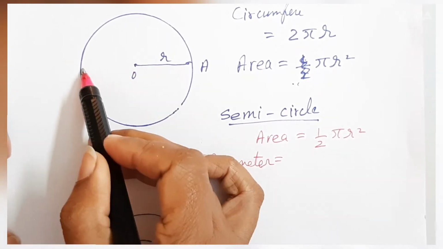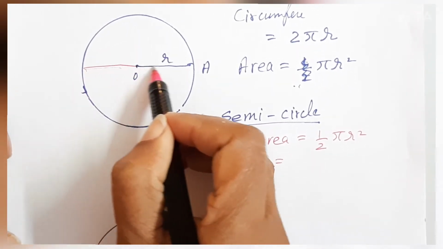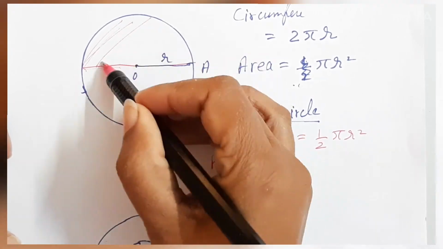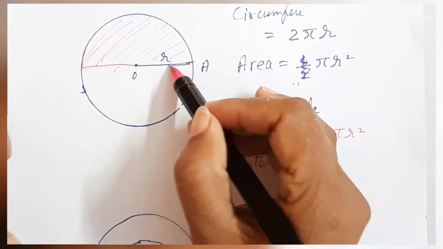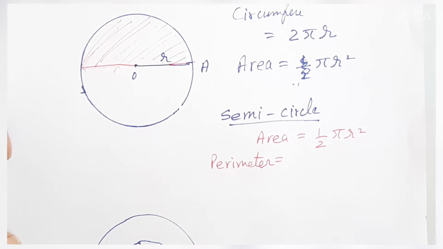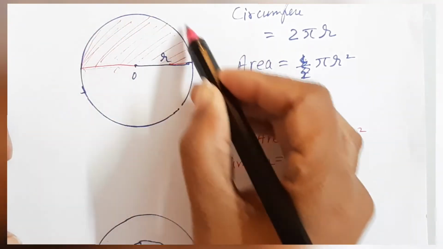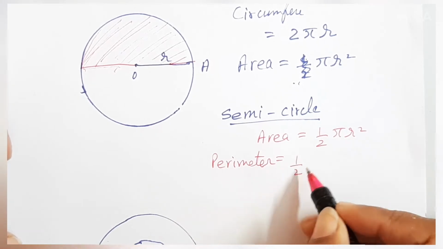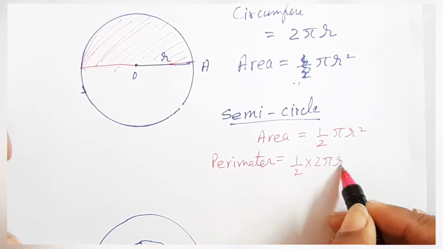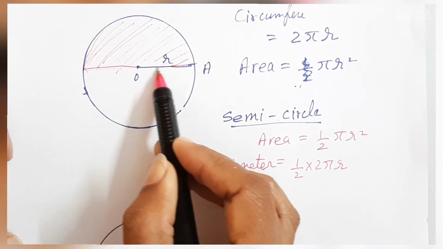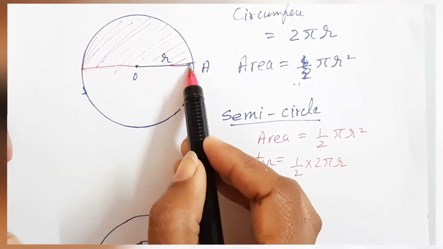See, this shaded area is the semicircle. So what is the perimeter here? Now the total perimeter was 2 pi r. So half into 2 pi r plus this diameter.